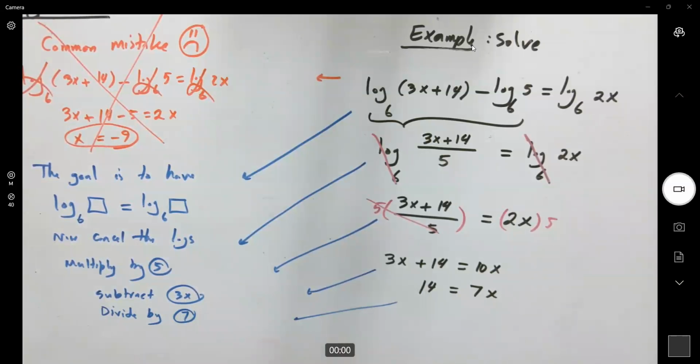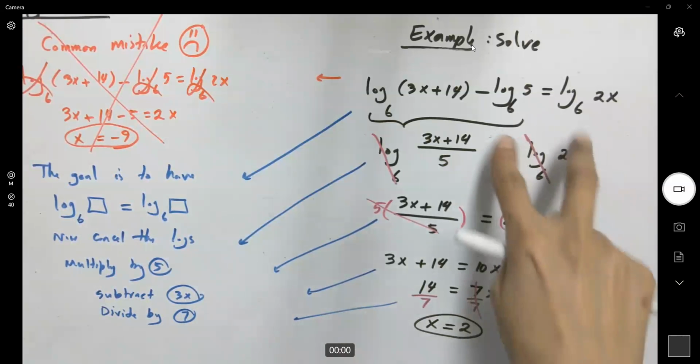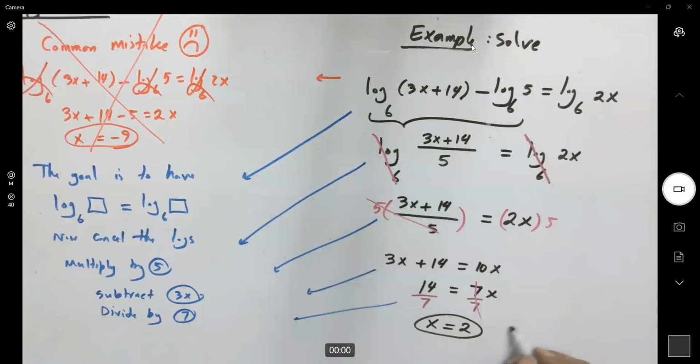If I divide by 7, my x is 2. Wow, I found a possible solution for this equation. This is the solution for the equation above.